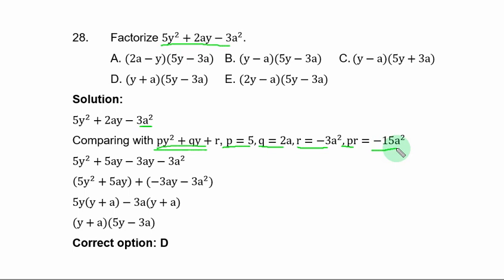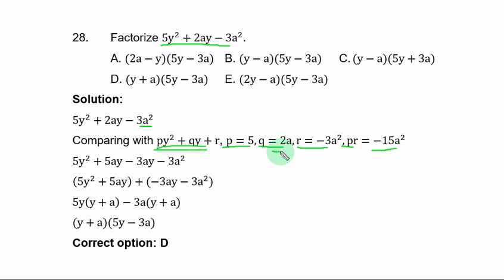Now you get two factors of 15 such that the sum is 2 and the product is minus 15. Mind you, a is included in those factors. So such factors are plus 5a minus 3a.